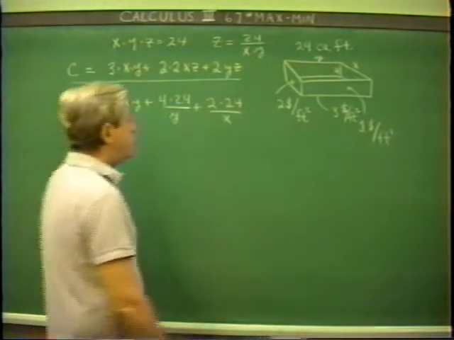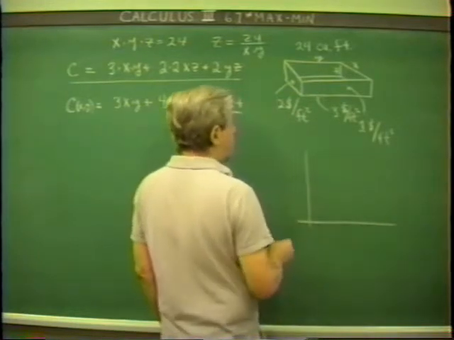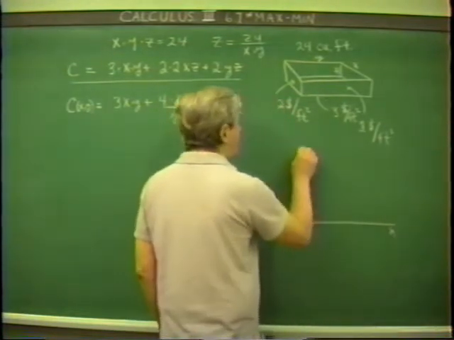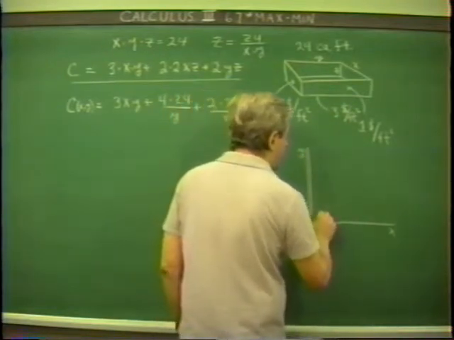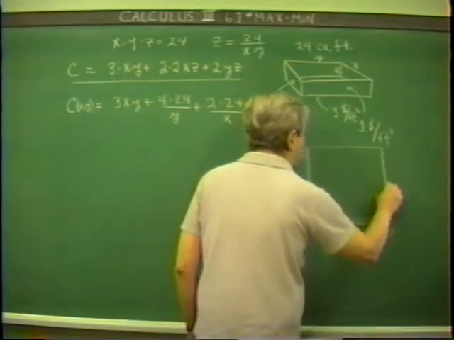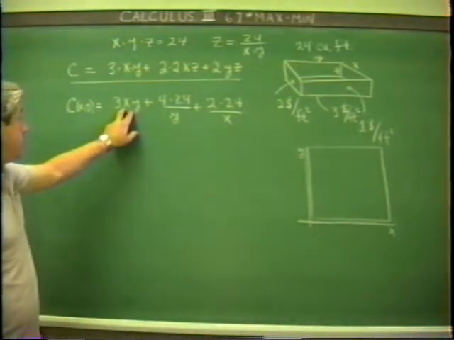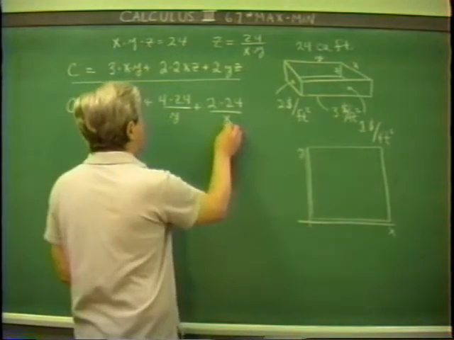Right? The next thing to notice is that this cost is going to take on its minimum. The cost makes sense only for x and y positive, and it's going to take on its minimum somewhere in the first quadrant, because if we let x or y get large, the cost is going to get large because of this.